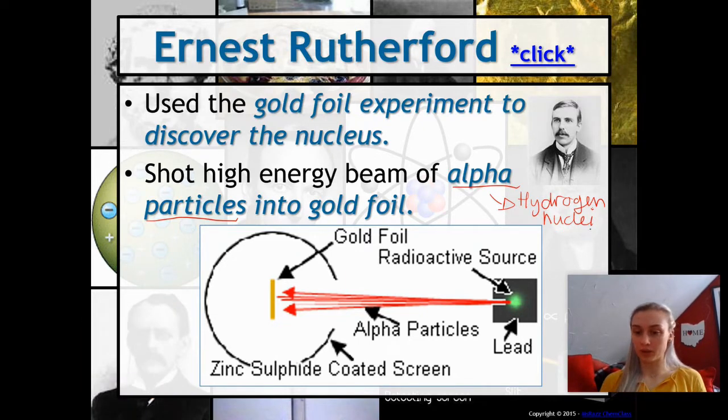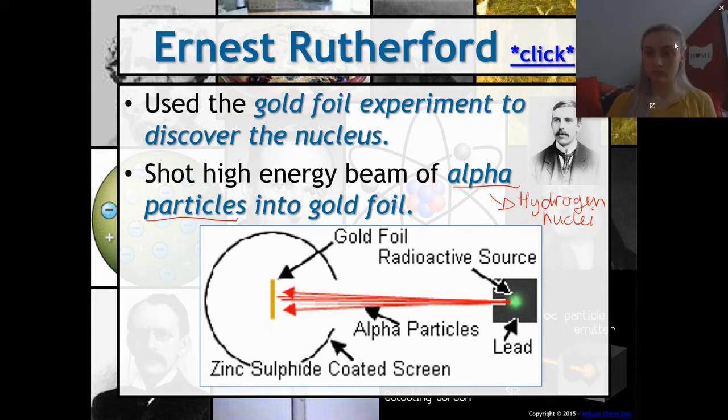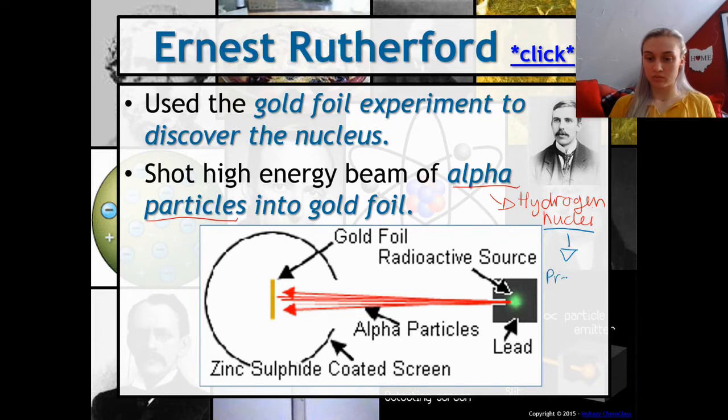I'll do this in blue or whatever. So what hydrogen nuclei are, like I said, nuclei are made up of protons, and remember protons are positive, and neutrons, which are neutral.